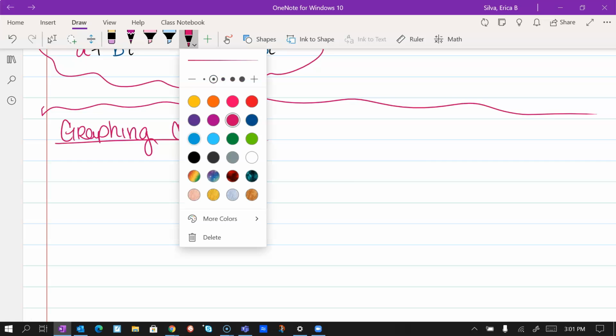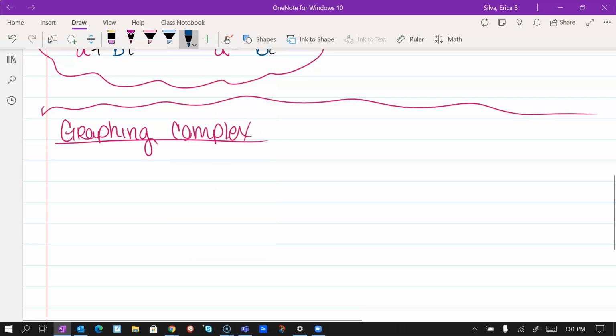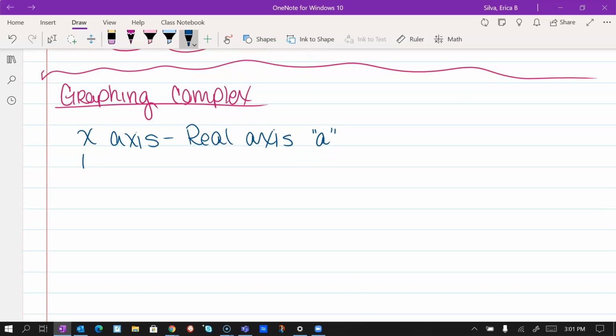When we graph complex numbers, your x-axis is going to represent our real axis, or our a. The y-axis is going to represent my imaginary axis, which is my bi.